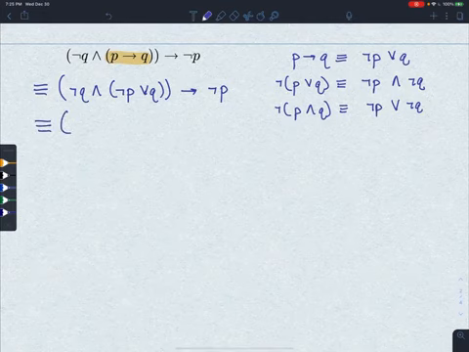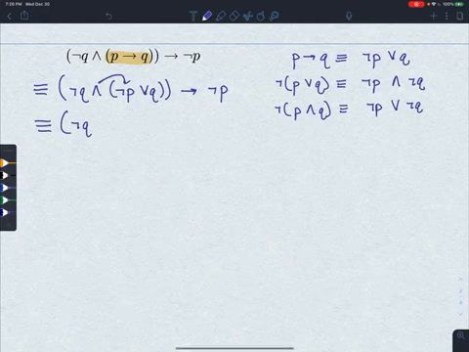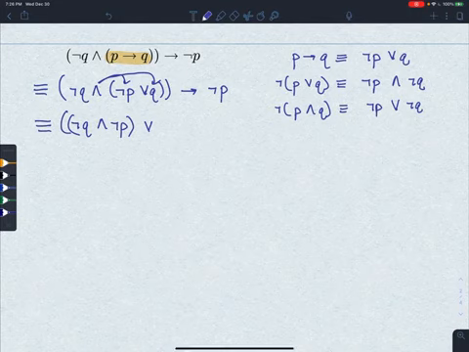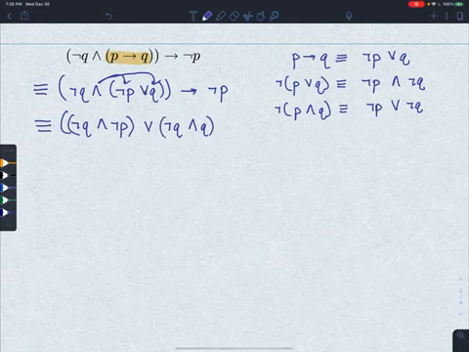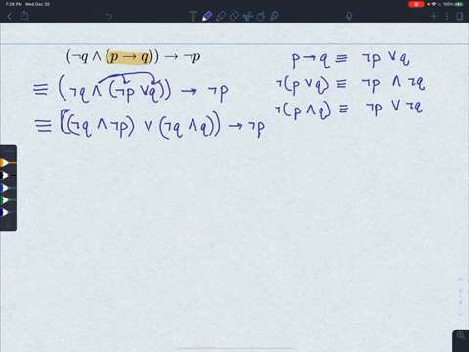This is equivalent to, in parentheses, negation Q and negation P, that's one statement, or negation Q and Q. The and gets carried through, and that implies negation P. Why don't I make these outer ones brackets?